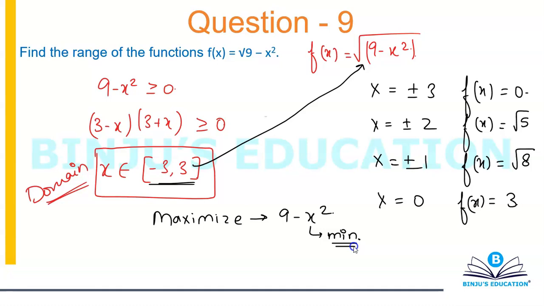If you want to have a minimum value, if you want to minimize this, then you will have to take x to be as big as possible. You need to take the maximum value of x, which will give you the maximum value for x square. And that will automatically come out to be plus 3 or minus 3 because that's the domain. You cannot go beyond the domain.